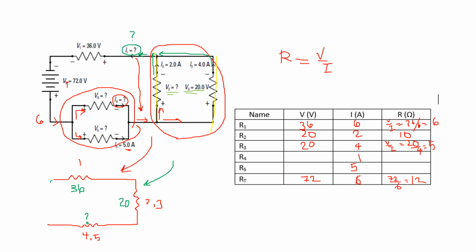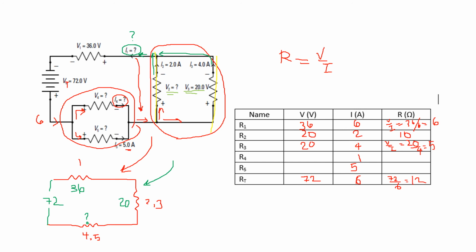But I have the total voltage as 72. That's why it's so important that I simplify, because sometimes I need a simplified version, because even though I have two branches, V4 and V5, the voltage across these two is the same. The voltage drop will be one number.